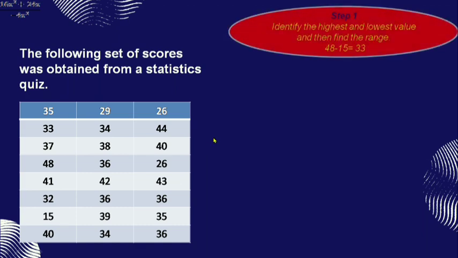The first step is to identify the largest and smallest value and then find the range. The range is calculated by subtracting the smallest value from the largest value. In this case, our largest value is 48 and our smallest value is 15. Therefore, our range is 33.